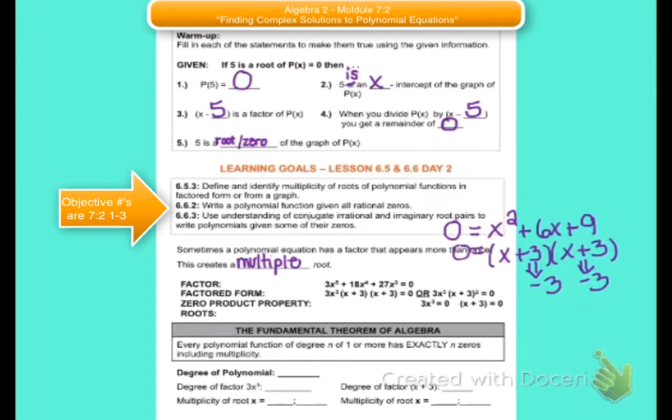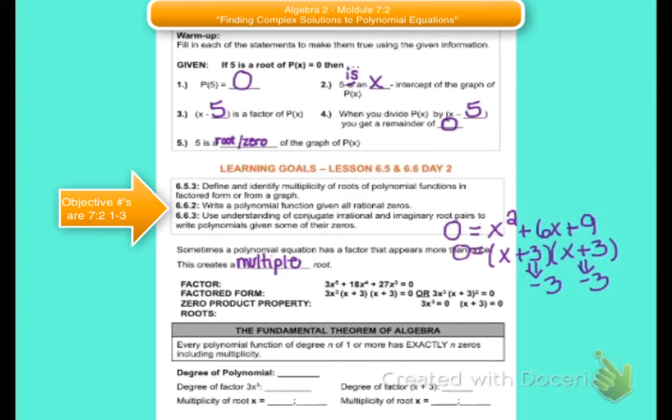So if we were to take a look at a little more complicated polynomial function, like 3x to the 5th plus 18x to the 4th plus 27x cubed is equal to 0, and I were to take out the greatest common factor of 3x cubed, that would leave me with that exact same quadratic that I just factored, x squared plus 6x plus 9, and so that would produce these 2 binomial factors of x plus 3 and x plus 3.